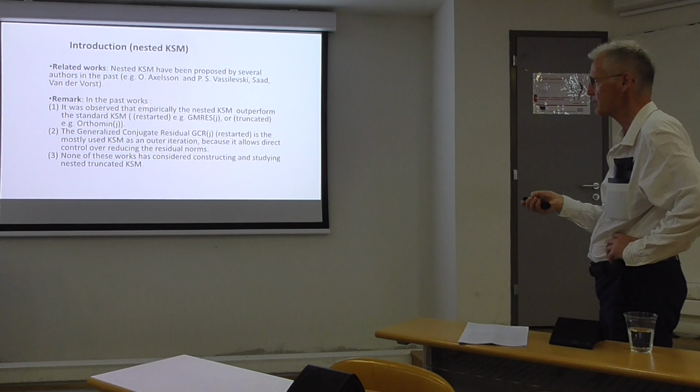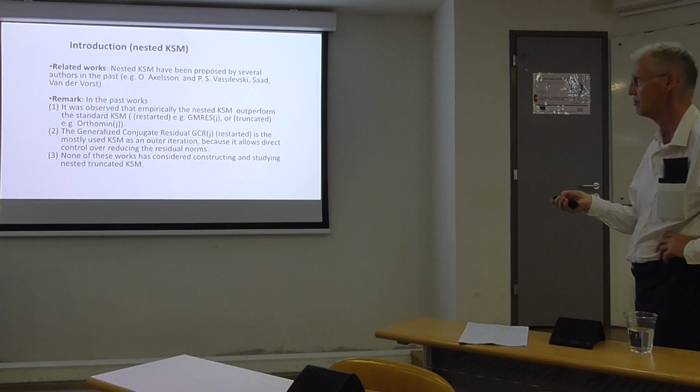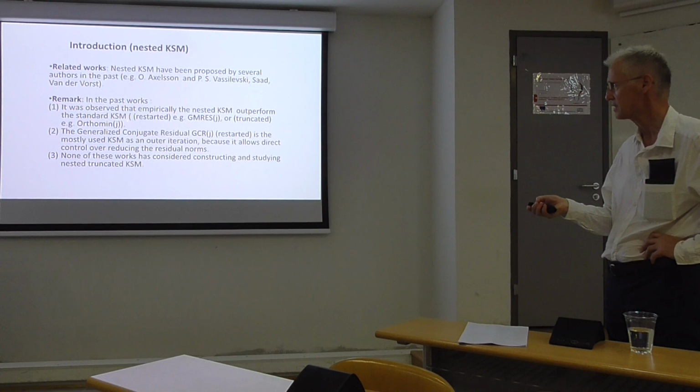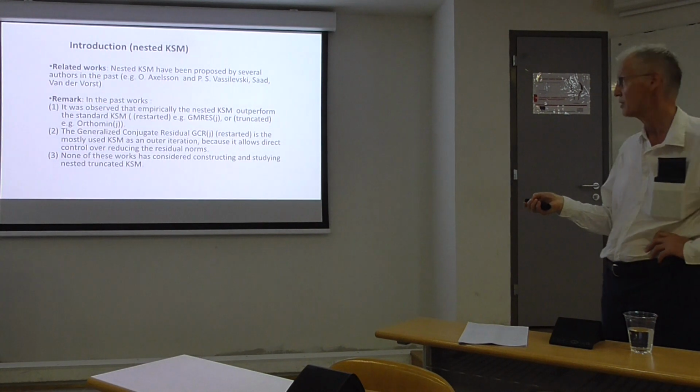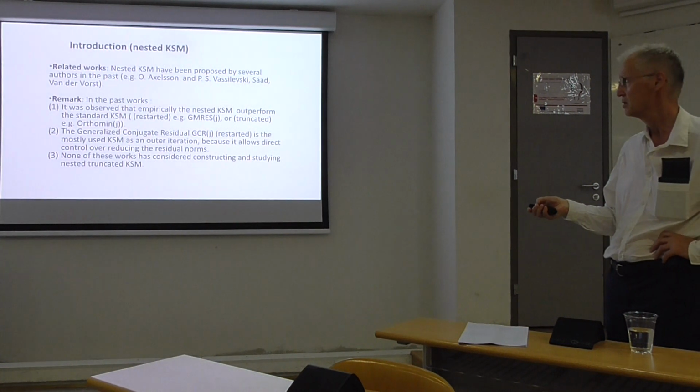In the past works, it was observed that empirically the nested KSM outperform, that is, they're faster and more efficient than standard KSM, for example restarted methods such as GMRES or truncated methods such as Orthomin.